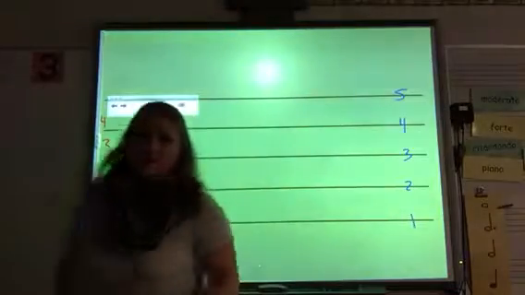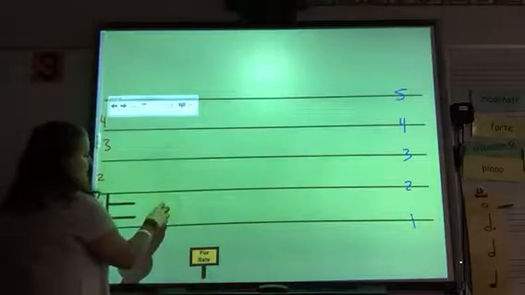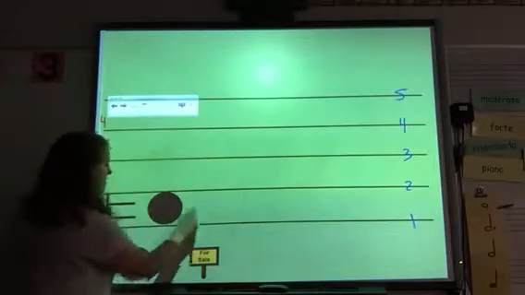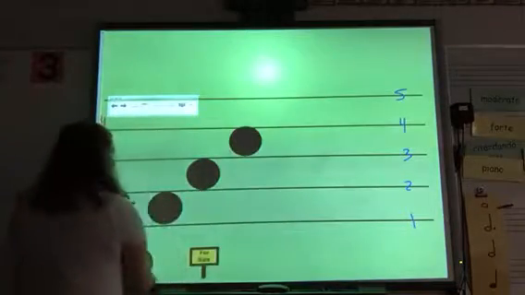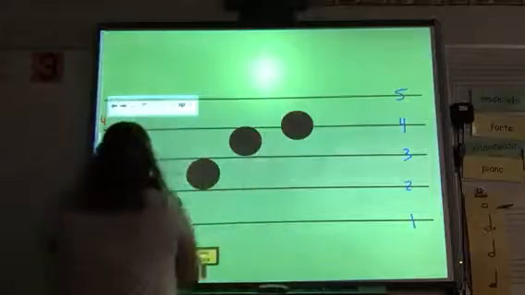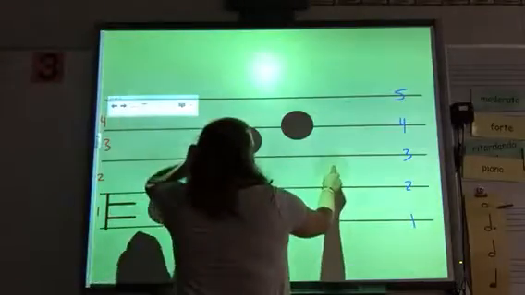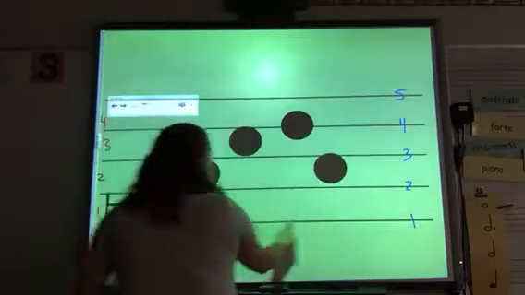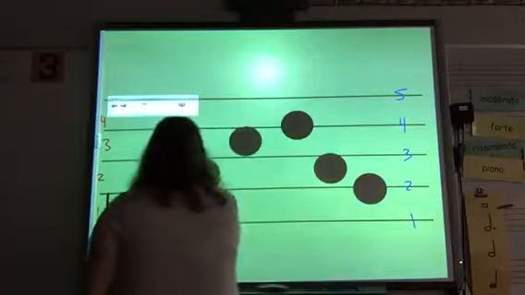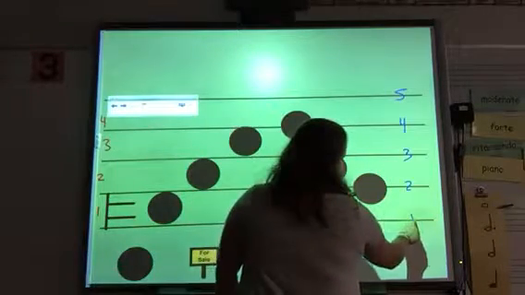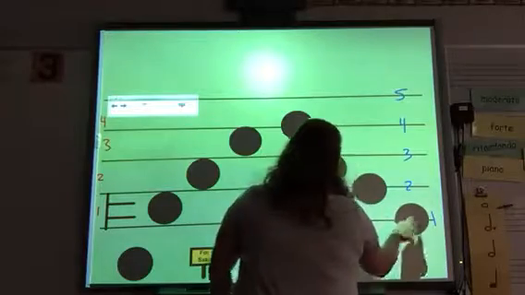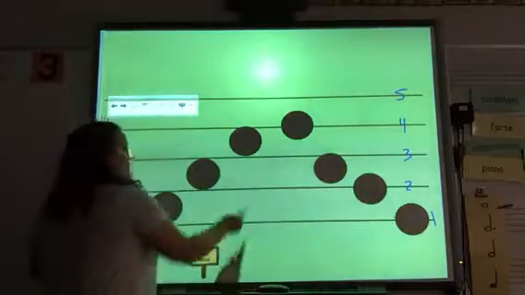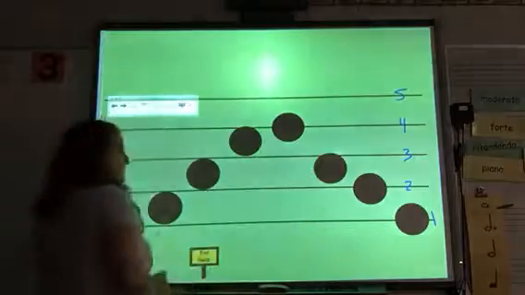So I'm going to write a little composition here, and we're going to see if we can figure some stuff out. Ooh, I'm running out of space. I can move this over a little bit. Okay, so I'm looking at my composition. I'm going to move that over because it kind of is in the way.